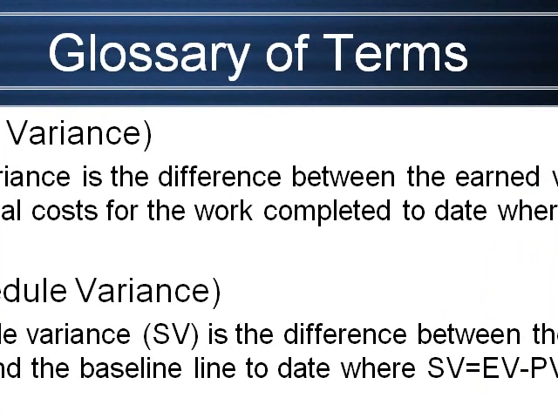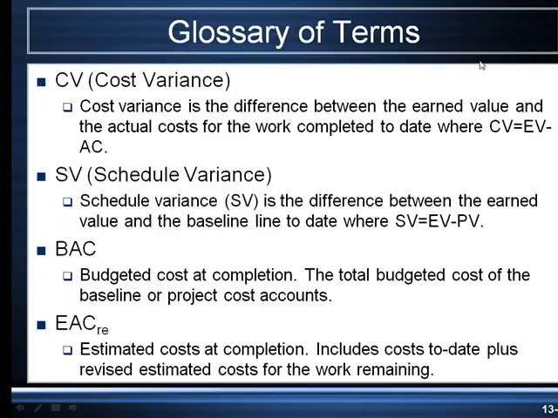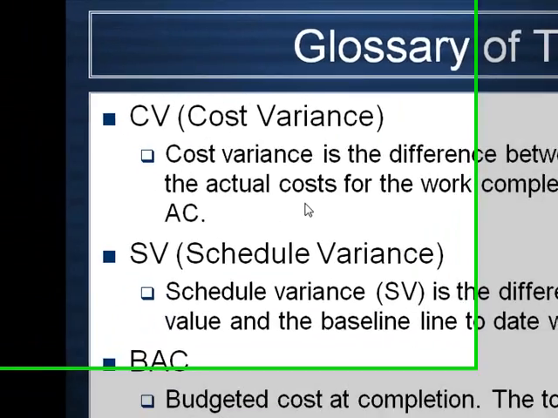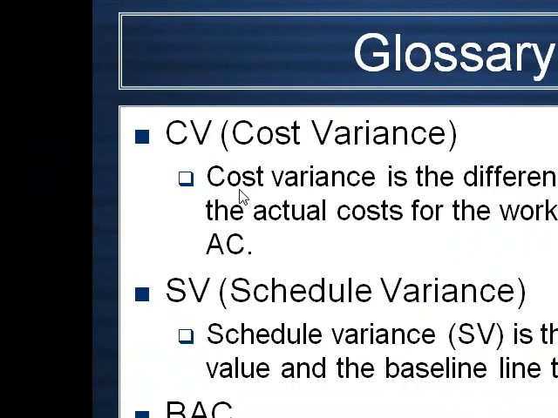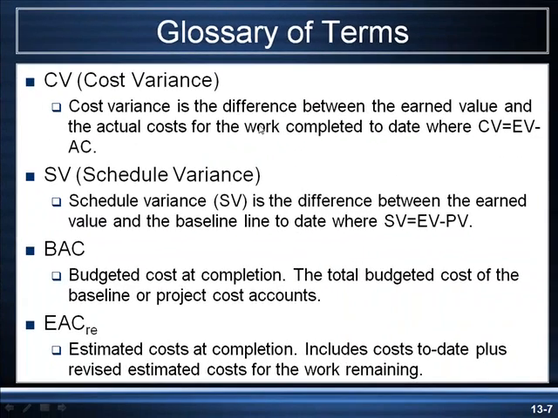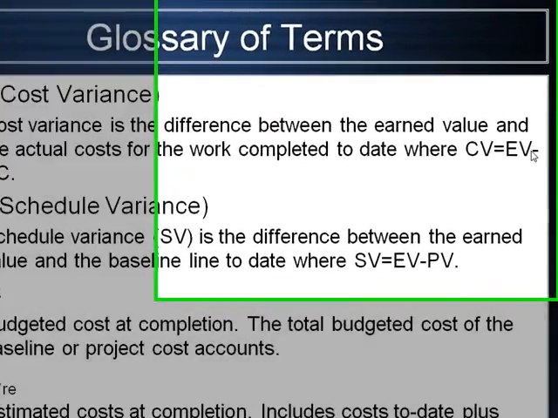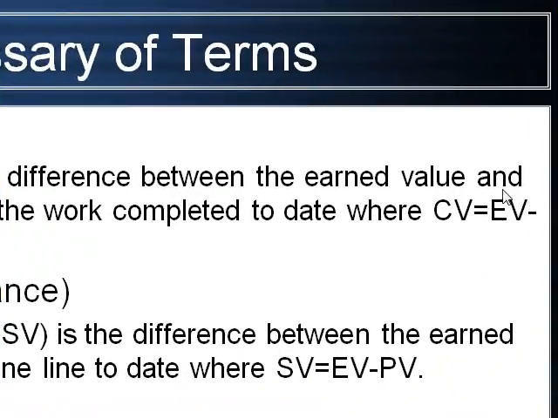I can't believe I said that. Let me try cost variance again. The cost variance, as you can see from the notes, is the difference between the earned value and the actual costs for where we are today. So to find it, we take what we expected to have spent for the work that we've done.